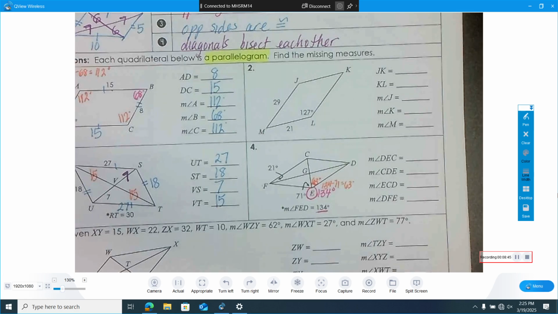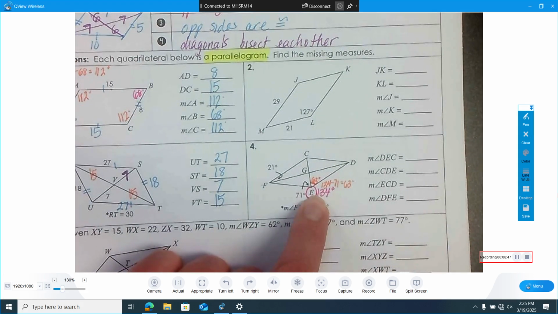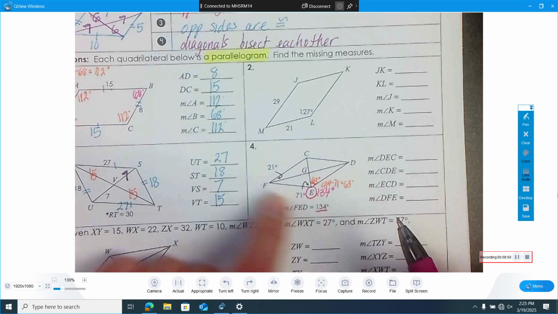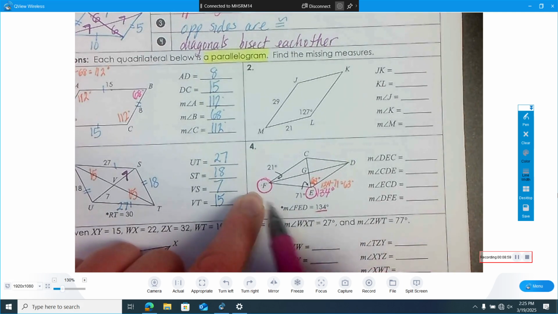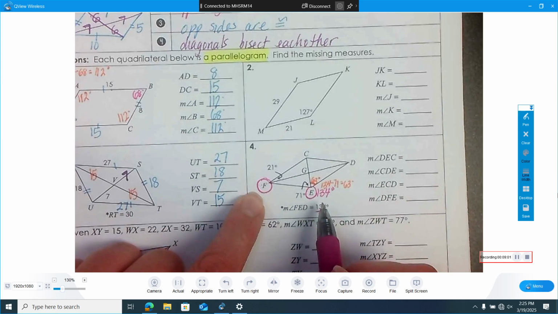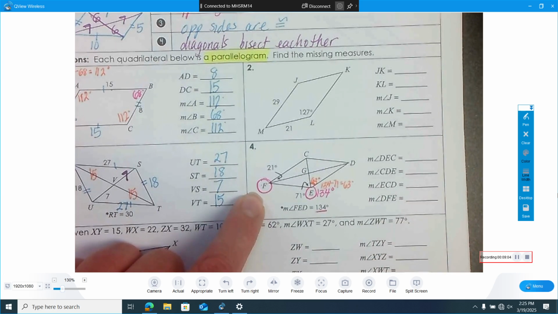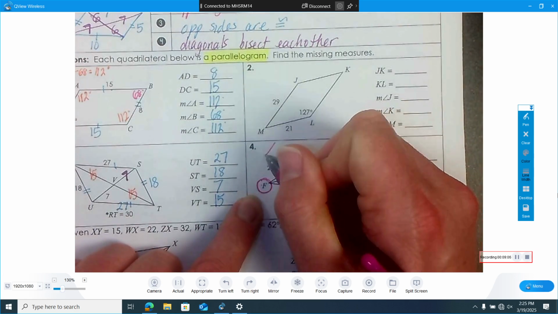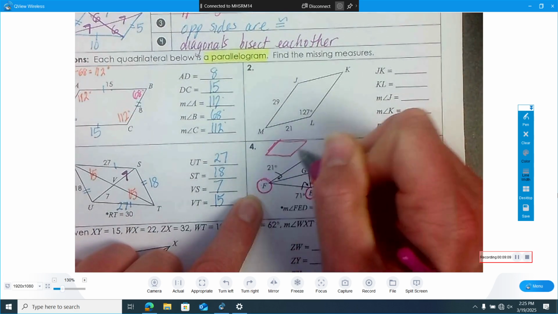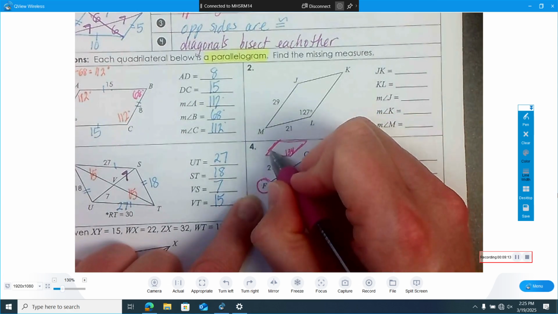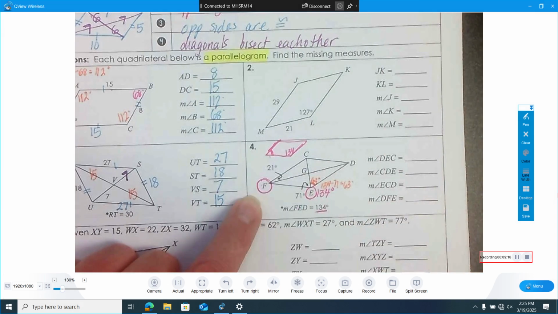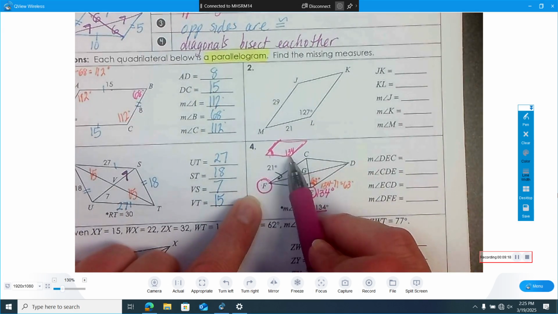Let's see, if the measure of the entire angle E is 134, can I figure out the measure of angle F? How do we do that? So let me simplify this picture a little bit. If I have a parallelogram and the whole angle here is 134, how do I find this angle? 180 minus 134.